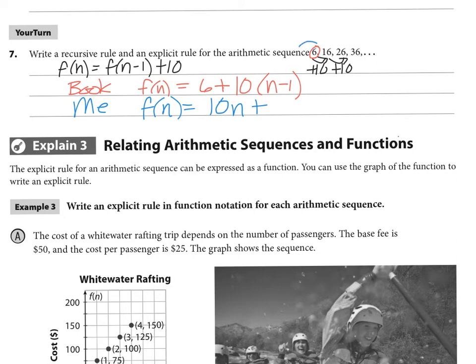To get your zero term, you go backwards, so I'm going to subtract 10. If I subtract 10, that gives me negative 4. That's my zero term. So plus negative 4, or let's just write minus 4. And that's what mine would look like.